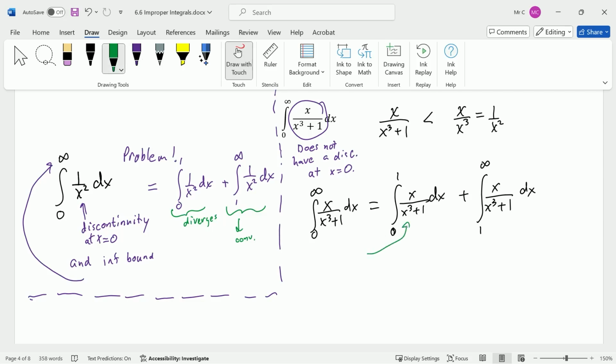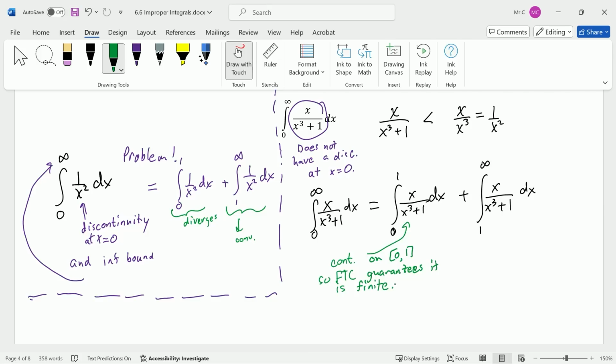Now, this function is continuous on the interval from 0 to 1, so the fundamental theorem of calculus guarantees it is a finite integral. All continuous functions integrated on closed intervals have finite integrals. That's part of the fundamental theorem of calculus, right?